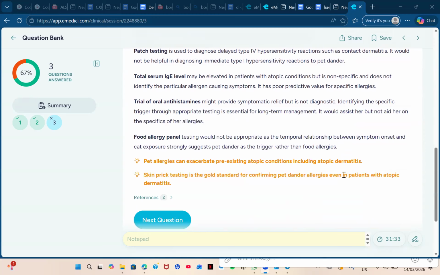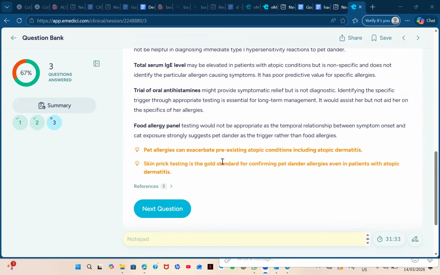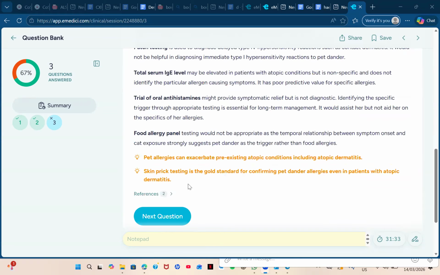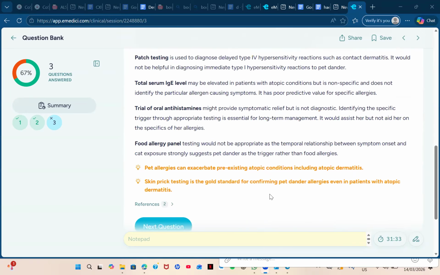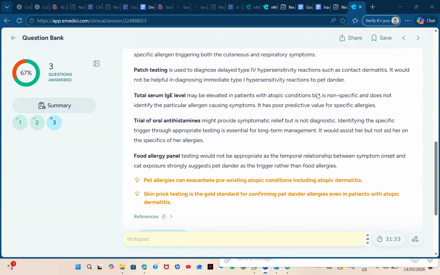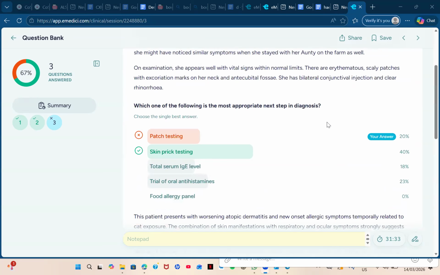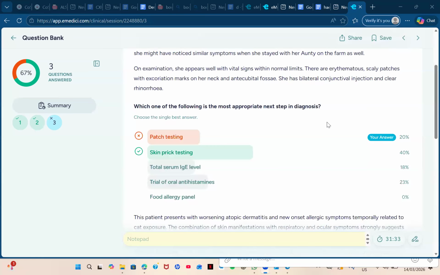Hope you understand it, doctors. Here, pet allergies can exacerbate pre-existing atopic conditions, including atopic dermatitis. A skin prick test is the gold standard for confirming pet dander allergies, even in patients with atopic dermatitis. So, what can you learn from this question, doctors? Tell me the simple summary.